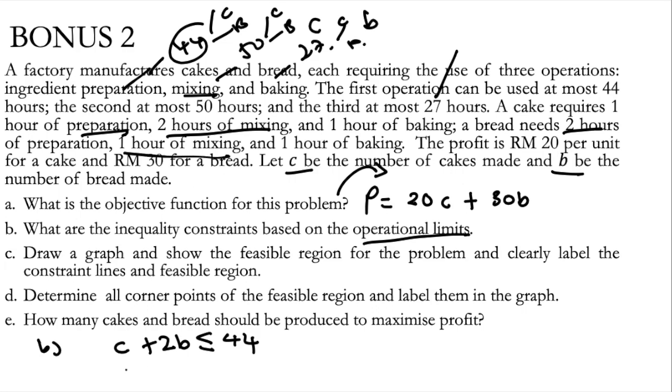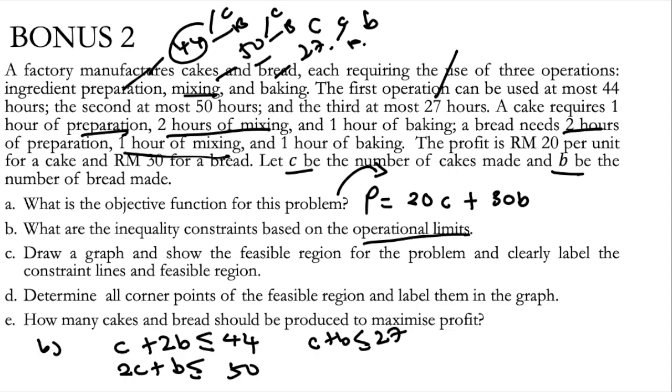So the second one is 2 cake plus 1 bread, B, less than or equal to 50. The third one is baking, 27 maximum. For cake 1 hour, for bread also 1 hour. So cake plus bread is at most 27.